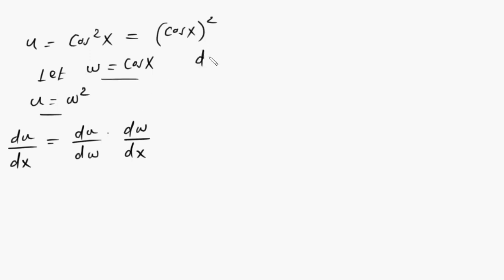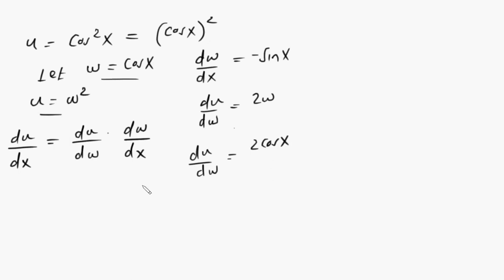So hapa dw dx itakuwa ni ngapi? Differentiate cos x ni negative sin x, simple. Wakati hapa du dw itakuwa ni ngapi? Differentiate w squared ni 2w. What is w? Is cos x. Kwa hiyo du dw ni 2 cos x. Kwa hiyo du dx sasa ni 2 cos x times negative sin x.